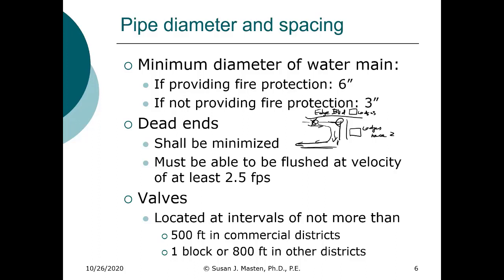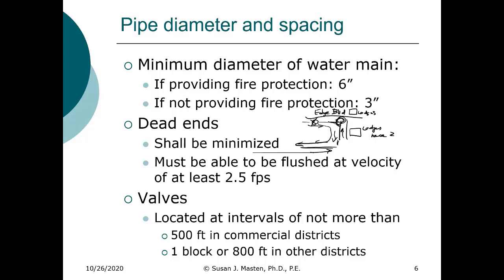So if I have valves, and this is why I need valves in the system, and a water main break here, I can adjust the valves so that now water flows in this direction, and I can provide all these apartments in Lodges Phase 1 with water.